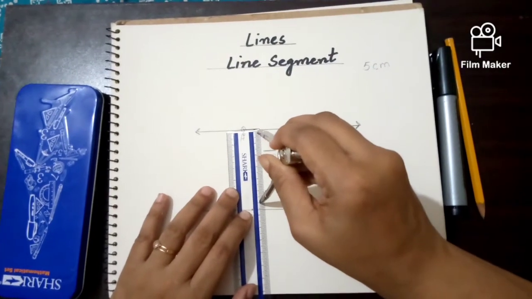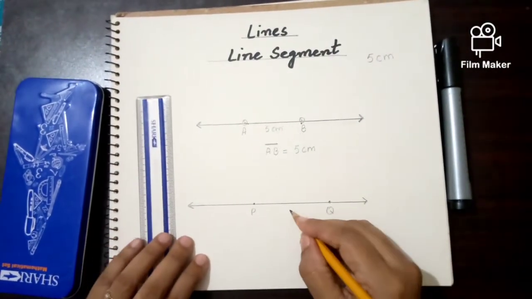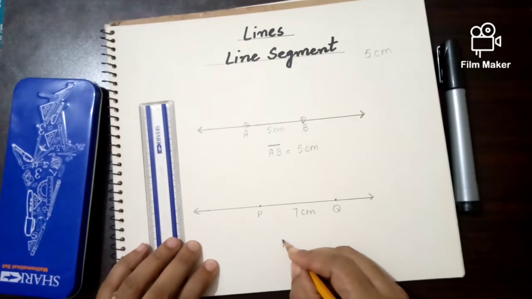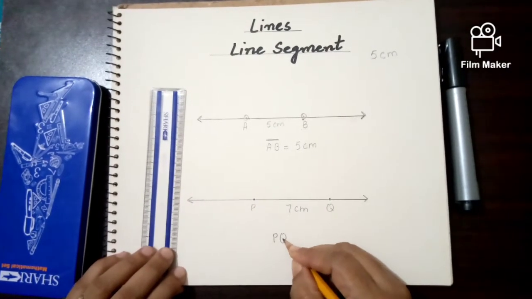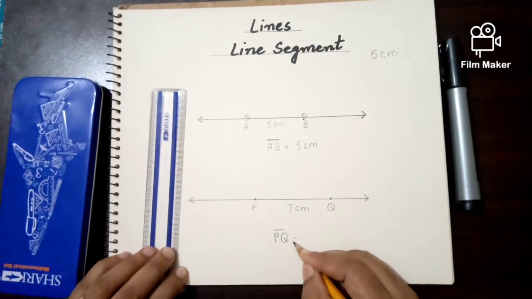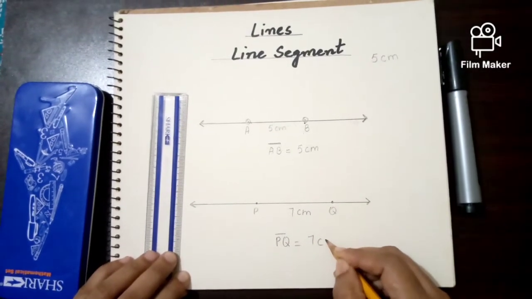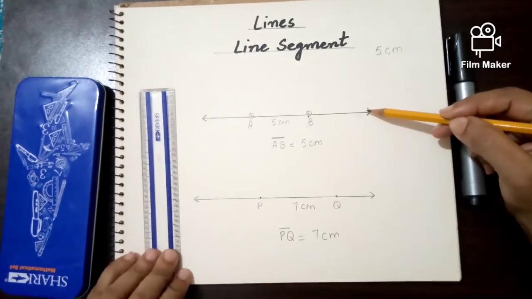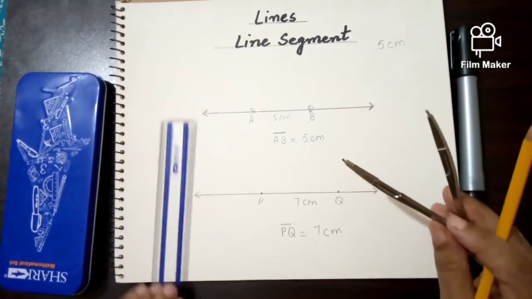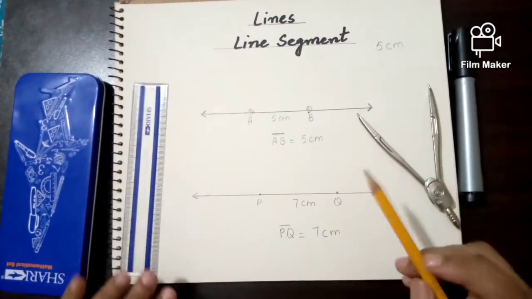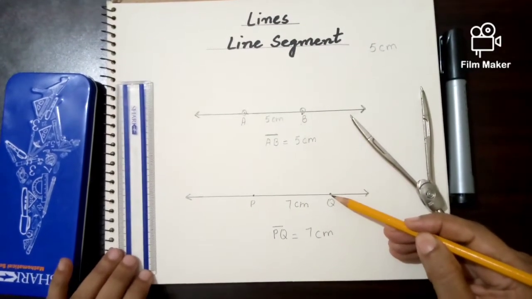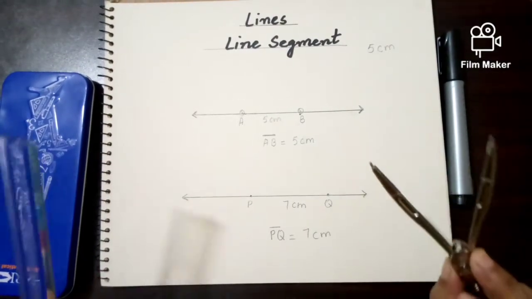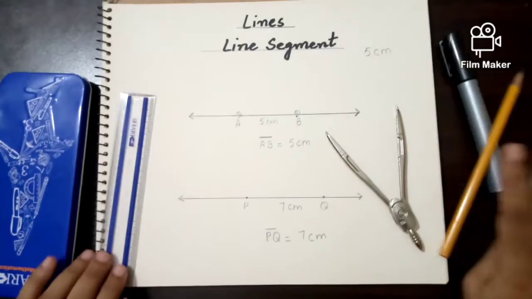The length of PQ is 7 centimeter. The line segment PQ is equal to 7 centimeter. So in the first step we drew the line segment with the help of the ruler and the divider, and in the second example, we measured the line segment with the help of these 2 instruments.